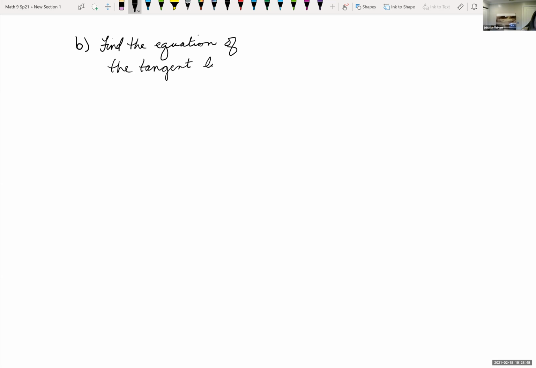Okay, so we're going to find the equation of the tangent line at x equals -1 on our function f of x, which was equal to 6 minus x squared.